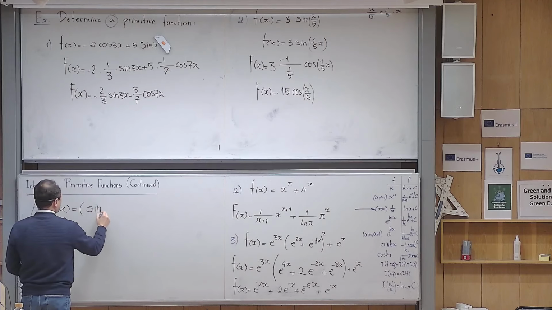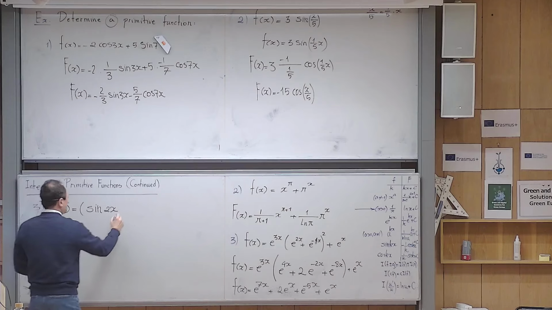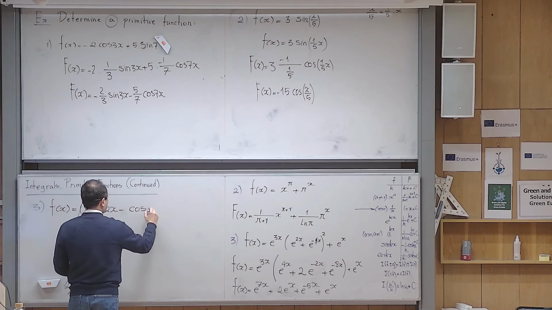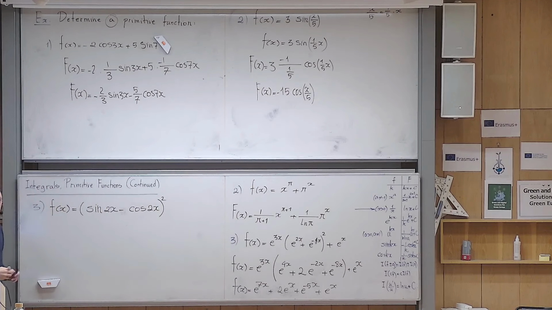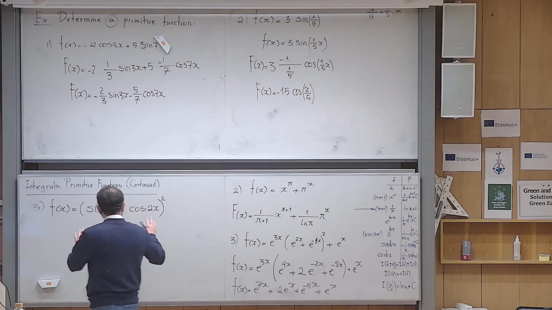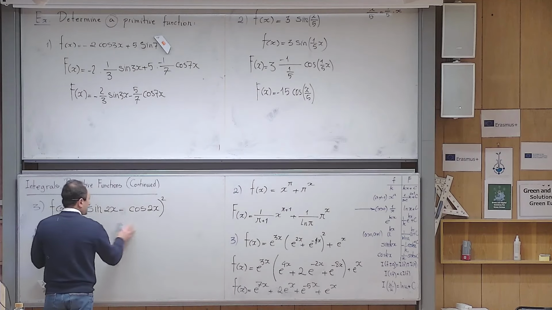Sine 2x plus cosine, let me write minus, it doesn't matter, of course, minus cosine 2x, and then to the power of 2. I will wait for you, okay? Yeah, expansion. Expansion will work. So you need to think, you have to use your trigonometric knowledge a little bit here as well.